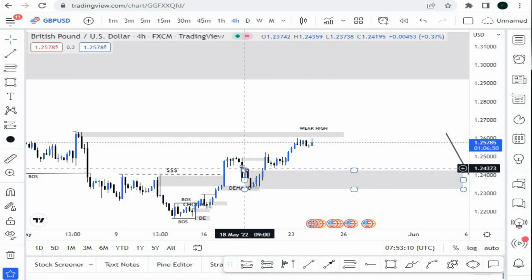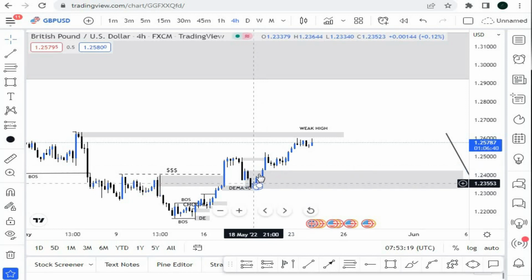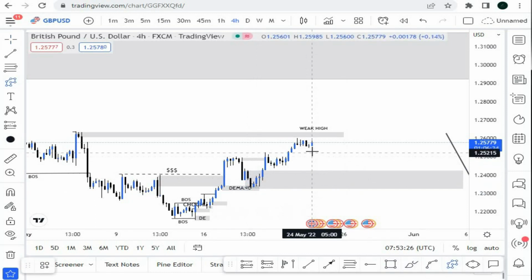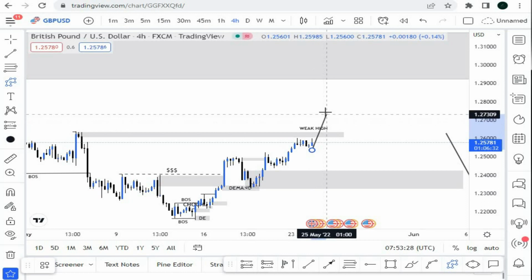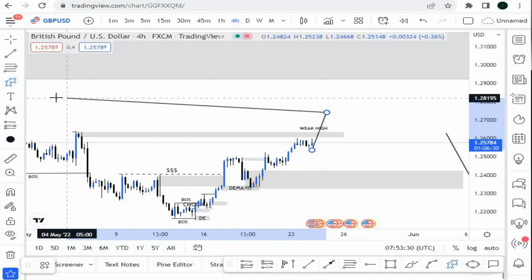Now you can see we also had this opposite candlestick here, which was formed here, and it was taken out, but the price even gave us a bullish momentum, meaning there was no opposite candlestick. So what we can expect now is the price to go and take out this zone, but we'll look to our left side.